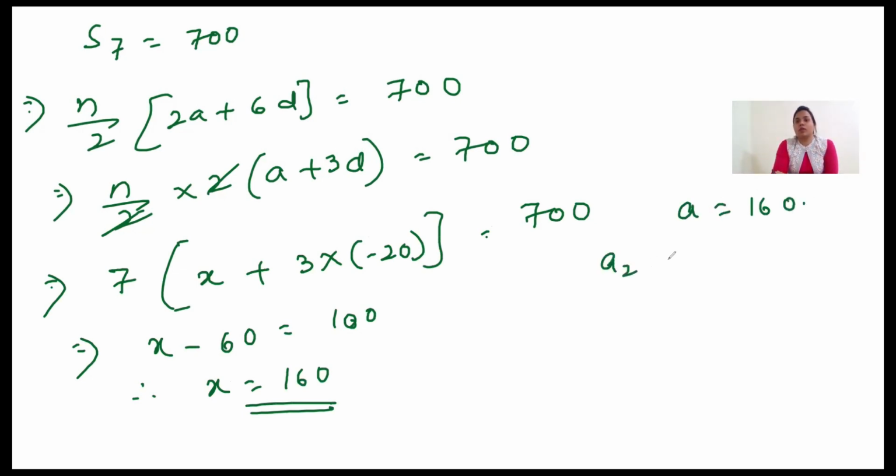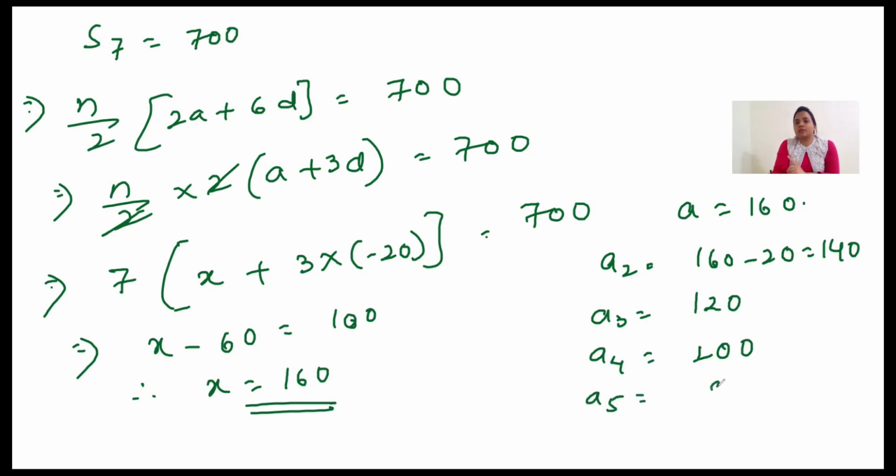So A2 will be 160 minus 20, that is equal to 140. A3 is 120. A4 is 100. A5 is 80. A6 is 60. And A7 is 40.